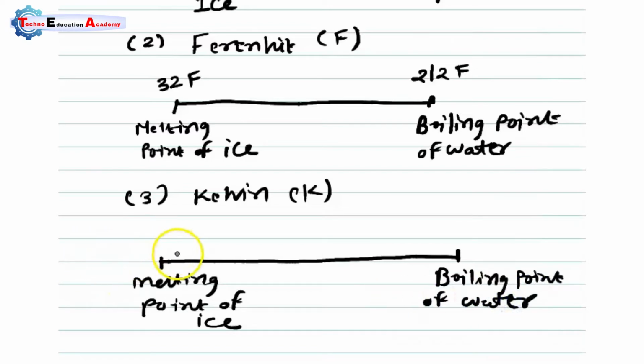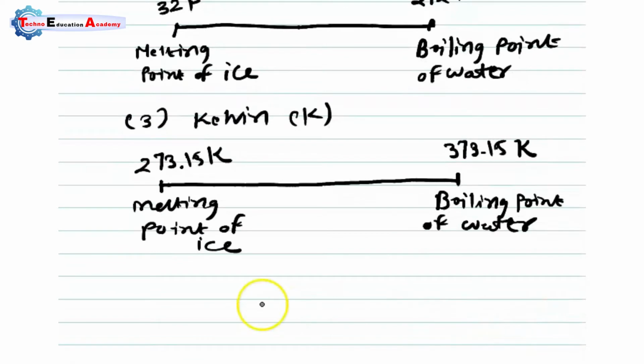The melting point of ice in Kelvin starts from 273.15 Kelvin, and the boiling point is 373.15 Kelvin. So, as in the Celsius scale, there is a difference of 100 between the two points, starting and ending.